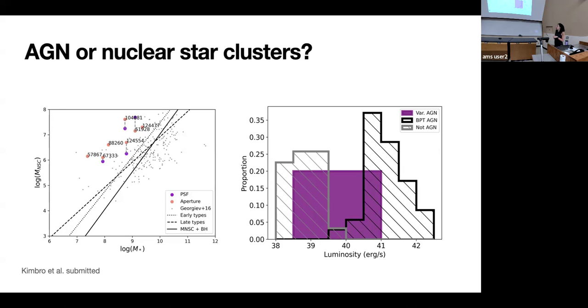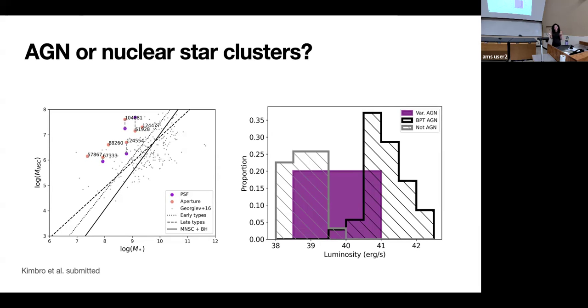So that's the plot on the left, what their masses would have to be if they were nuclear star clusters. And so they don't tend to agree with the general population of nuclear star clusters. Looking at the brightness of these central point sources, they really interestingly sit right between the AGN and dwarf galaxies that are selected using spectroscopic techniques and dwarf galaxies that have central bright point sources that are not AGN.